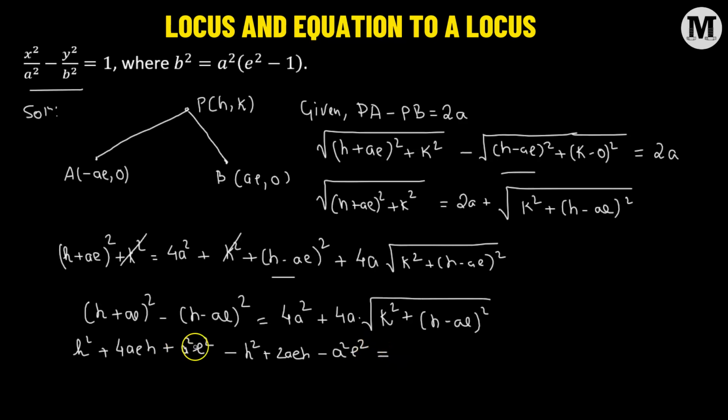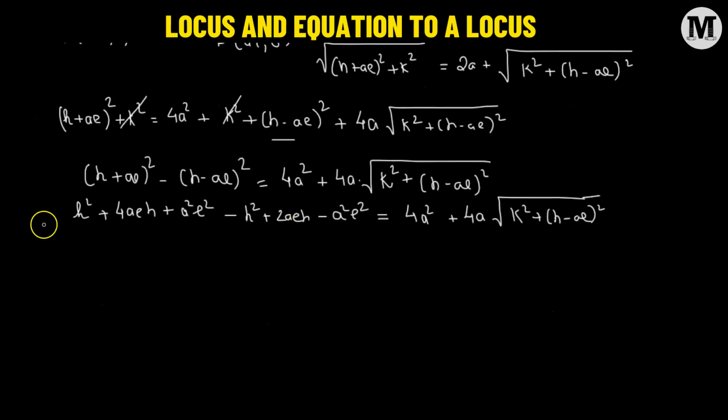So be very diligent while performing the calculation whenever a negative sign is involved. And on the right hand side we have 4a squared plus 4a multiplied by the square root of k squared plus (h minus ae) whole squared. Fine. Now we can cancel out some terms here. h squared and negative h squared, positive a squared e squared and negative a squared e squared get cancelled out.